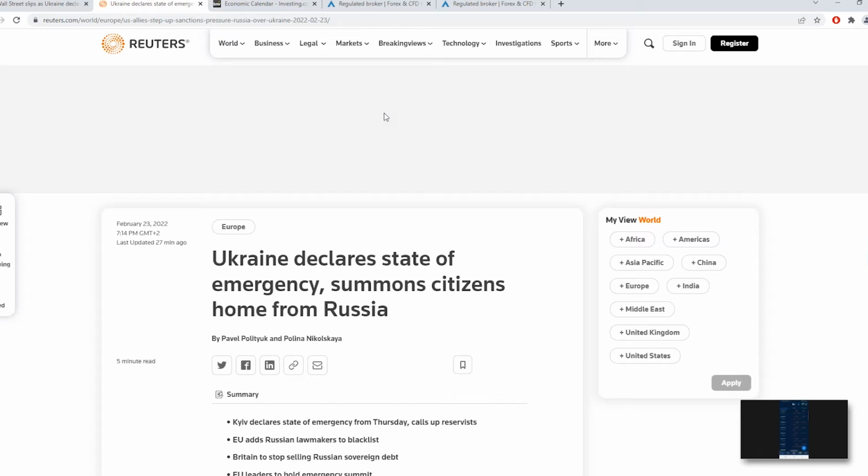And so the Ukraine is, along with the state of emergency being declared, summons citizens to come back from Russia. And the Russians are busy, I believe, getting their diplomats and such out of the Ukraine as well. And so it's looking like a situation that could go from bad to worse.